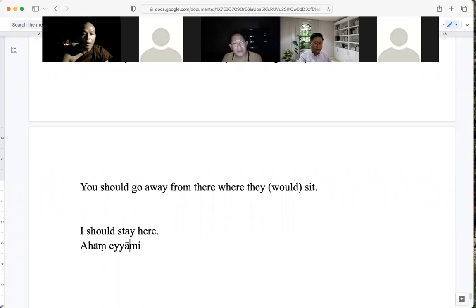And then stay means wasa base. And here means idha or ettha or ito before the verb in Pali. So aham idha wasiyami. Okay. Aham idha wasiyami.